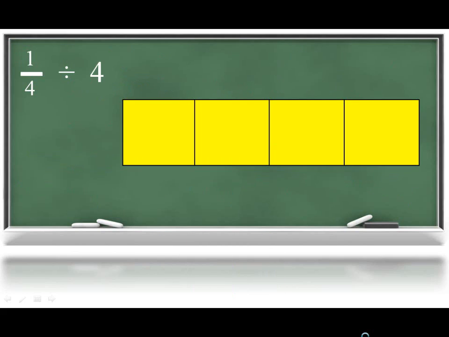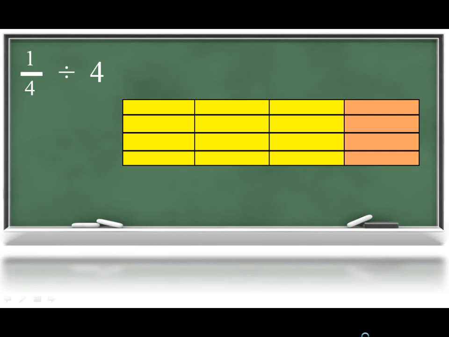A student might also be asked how the problem would be different if it were dividing 1/4 of a pint of ice cream equally among 4 hungry people. This time, we are starting with a total of 1/4 of a pint, which would have to be split into 4 equal pieces.